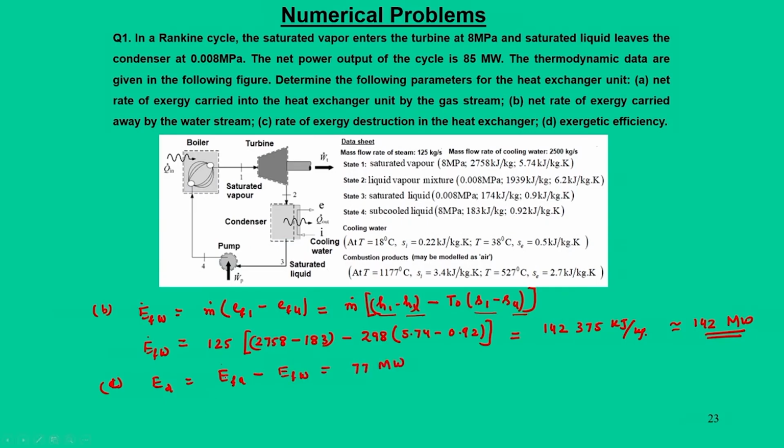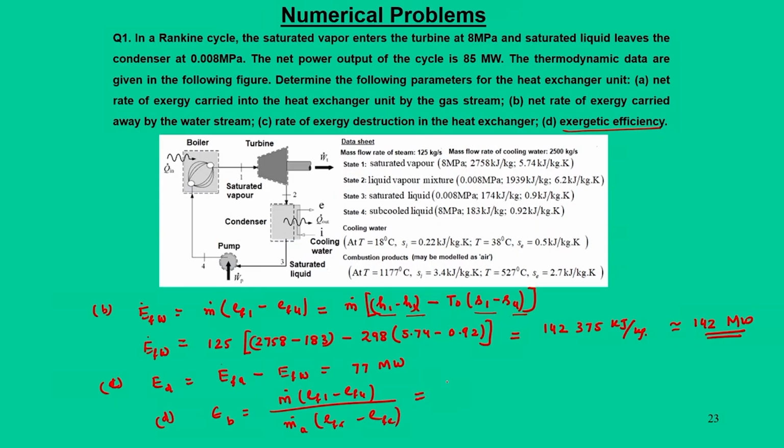Then the exergetic efficiency, epsilon B, that means for the boiler. It is nothing but m dot times (E f 1 minus E f 4) divided by m dot A times (E f I minus E f E).